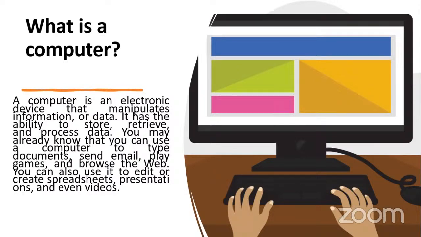All right. We've heard from Lucky. Okay, Paul, please go ahead. Yeah, you can unmute. Thank you very much. Okay, good evening, sir. A computer, I can say, is an electronic device.